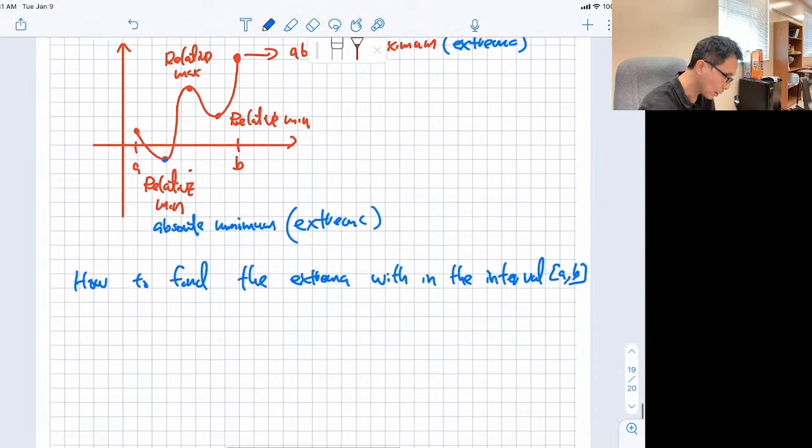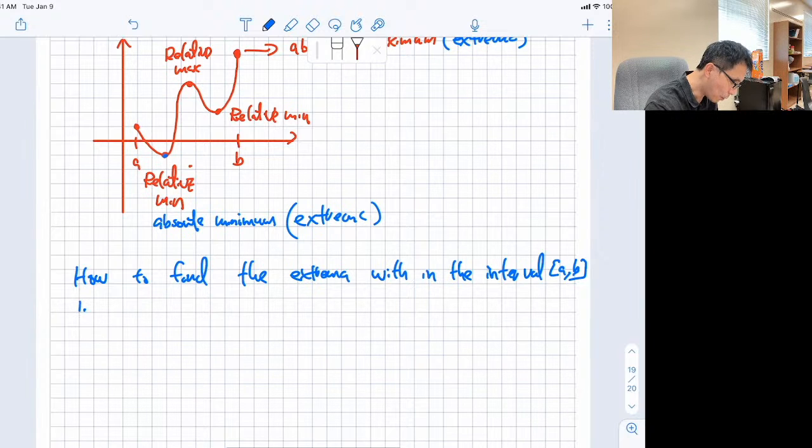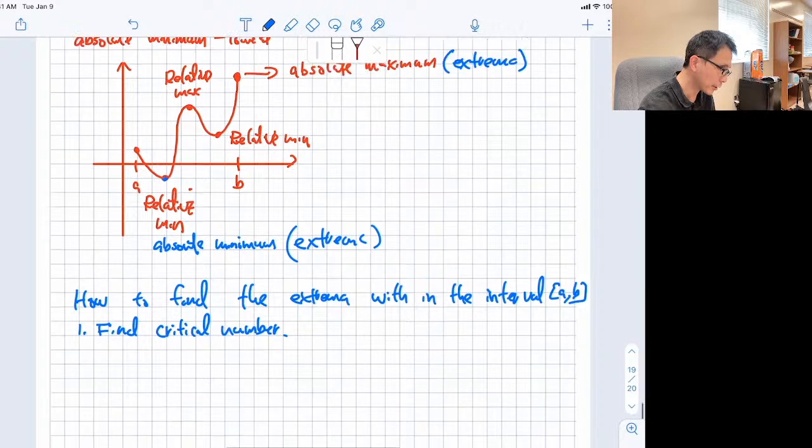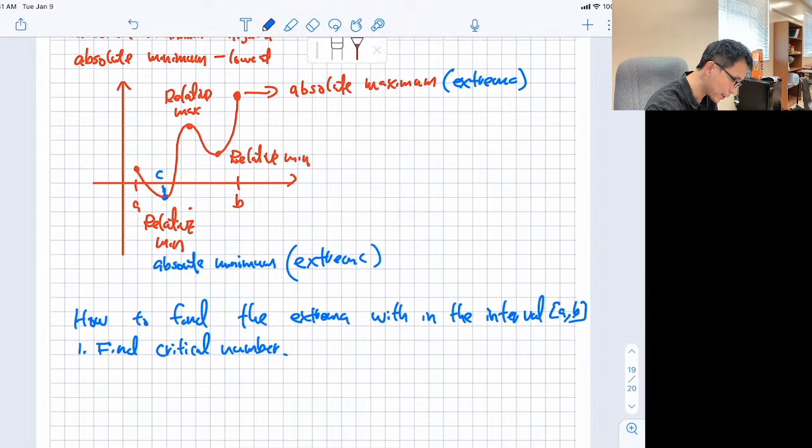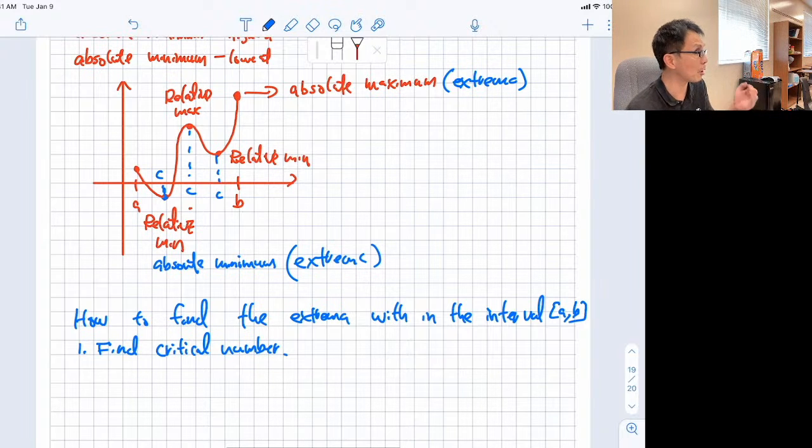Well, first thing is always find the critical numbers. Why do we need to find critical numbers? Well, think about it. This part is a critical number, and this part too, because all maximums and minimums are critical numbers. So they are the candidates for the highest value and lowest value. Does that make sense?